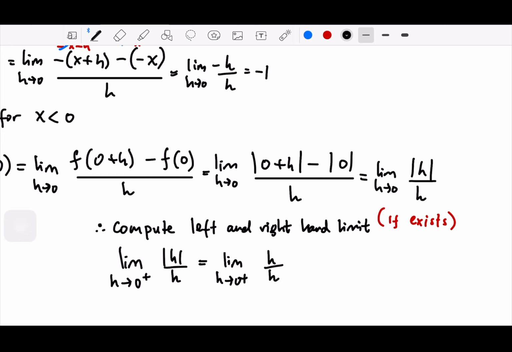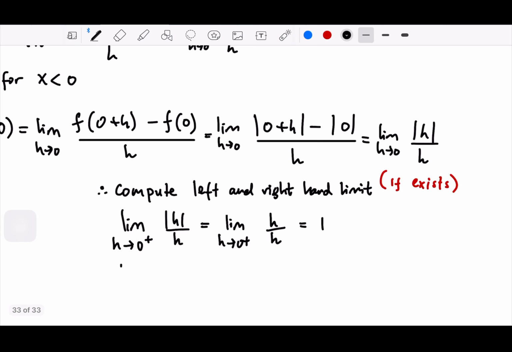From the right is the positive 1, of course, right? And this will be 1. And limit as h approaches 0 from the left, which is less than 0 or the negative 1. And thus this becomes negative h over h, which results in negative 1.